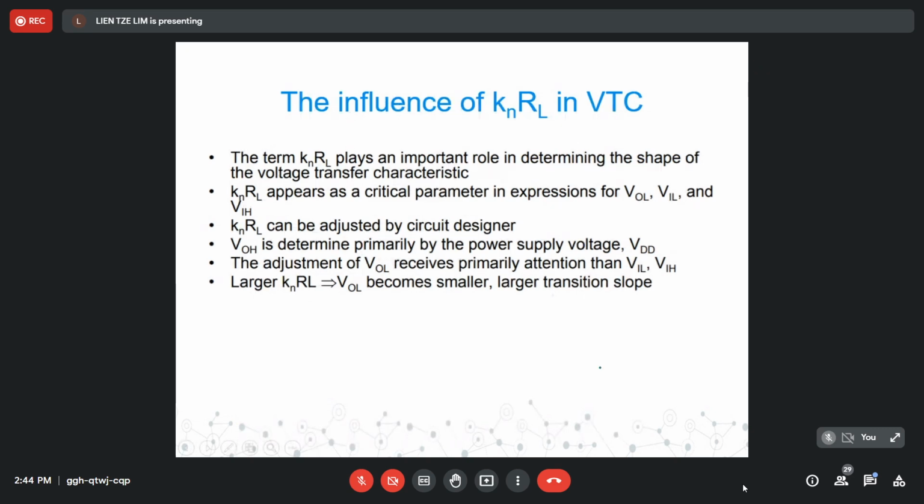Okay, so next is about the influence of KNRL. The terms Kn and RL play an important role in determining the shape of the voltage transfer characteristic. If you see each of the formulas that I showed you just now, each has this term KNRL.